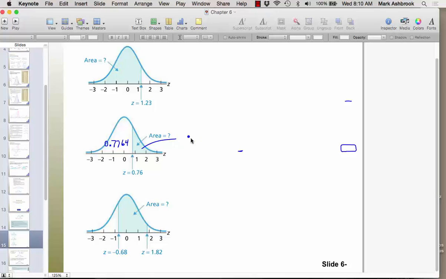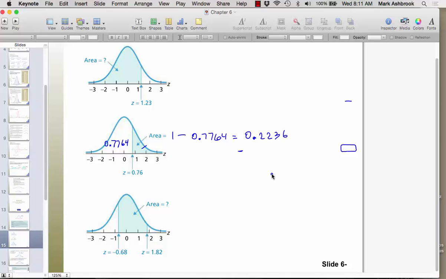Therefore, this is the area equals 1 minus 0.7764, which equals, one more time, 0.2236. So the percentage of the data that's greater than 0.76 for a z-score is 22.36% of the data.